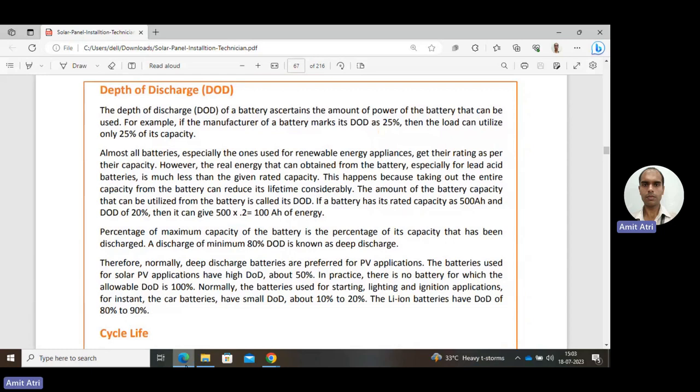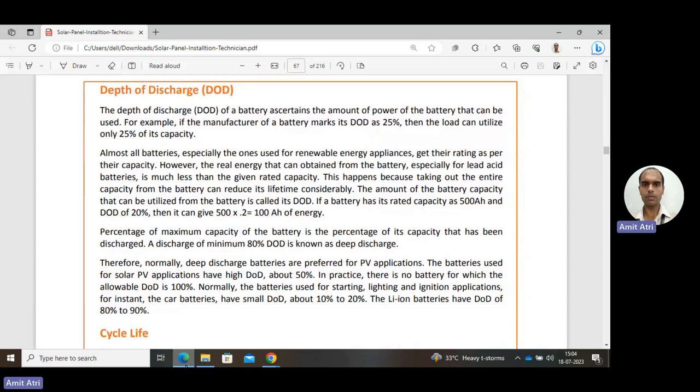Because if all of the stored energy is taken from the battery, then its life will be reduced. The depth of discharge is the percentage of the battery's capacity that has been discharged. A discharge of minimum 80% is known as DOD, that is known as deep discharge.